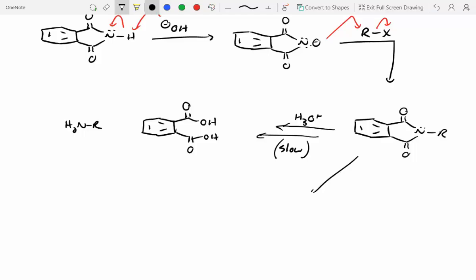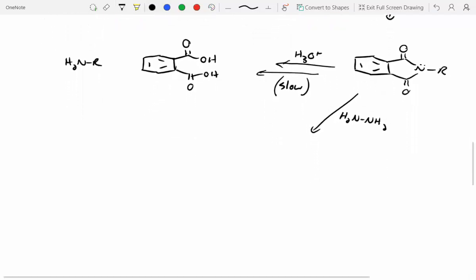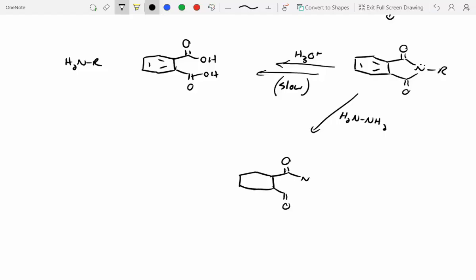However, if we use hydrazine, we get a similar reaction where we'll ring open the system, pop out our amine, and this is a much, much, much faster reaction. Does anybody know why this reaction is so much faster? Well, let's think about nucleophilicity too.